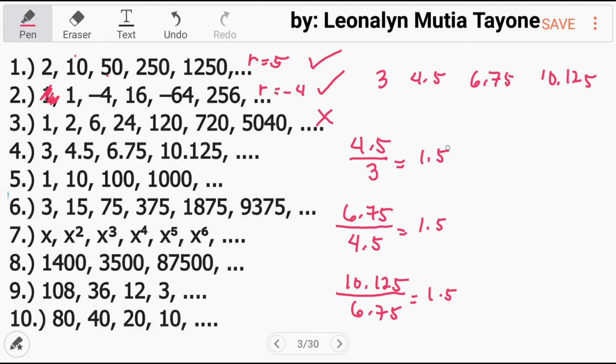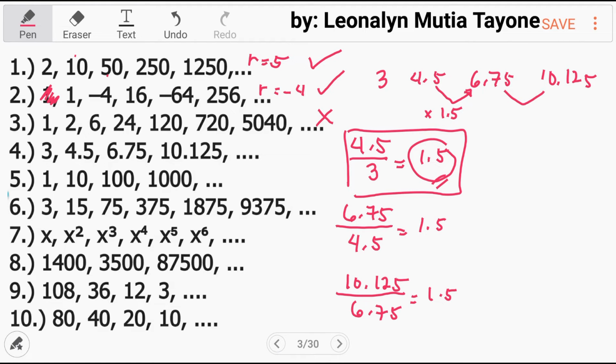Otherwise, kung mag-double check din tayo kung common ratio ba itong 1.5, so ito na muna. 4.5 divided by 3, it is equals to 1.5. Now, si 4.5, i-multiply natin ng 1.5, and that is equals to 6.75.